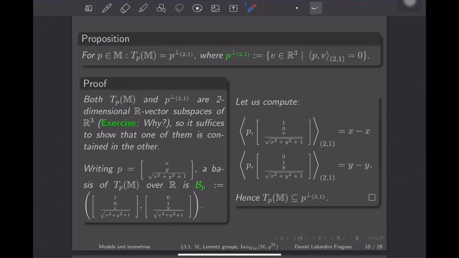And then when I think of it anchored at the origin, the proposition is that it actually coincides with the plane which is orthogonal to the point, but orthogonal not the way we are used to think, but with respect to Minkowski's form.